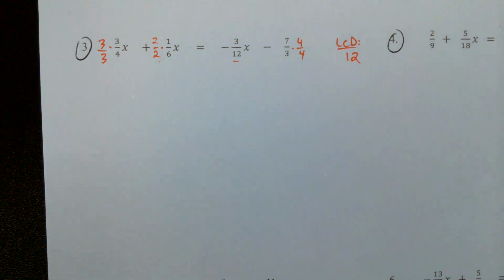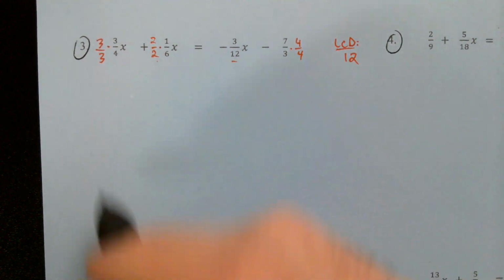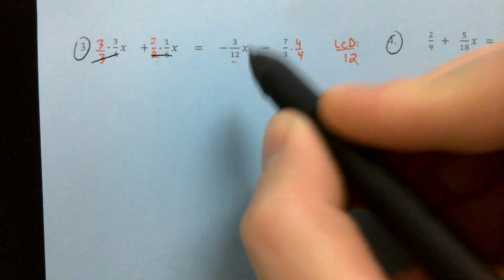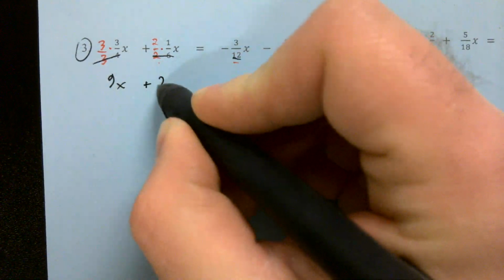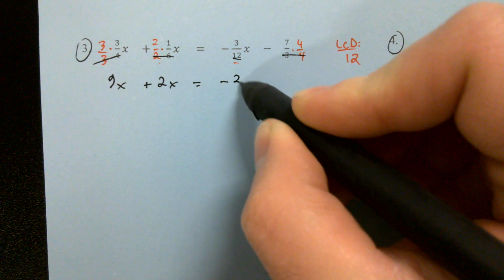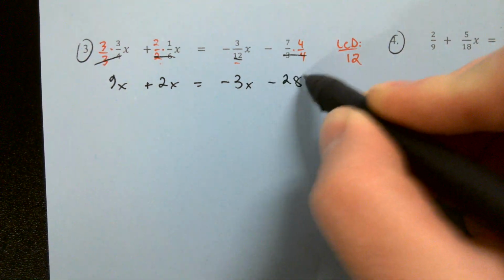I'm going to cross out all my denominators. Boom, boom, boom, boom. And I get 9x plus 2x equals negative 3x minus 28.